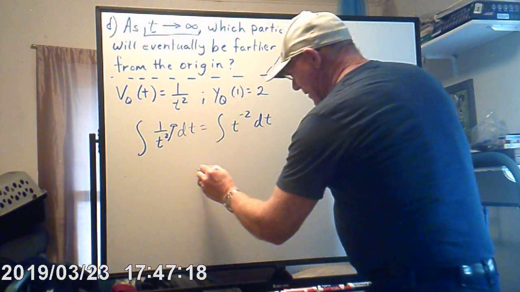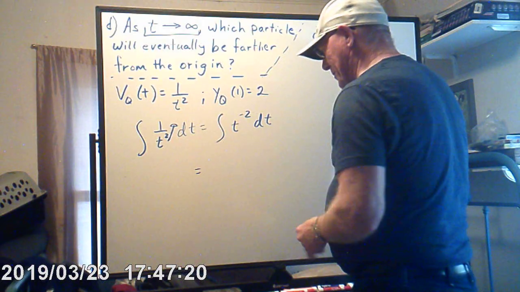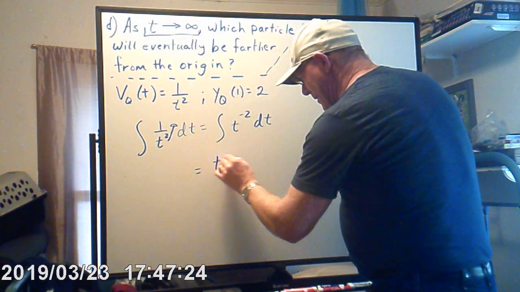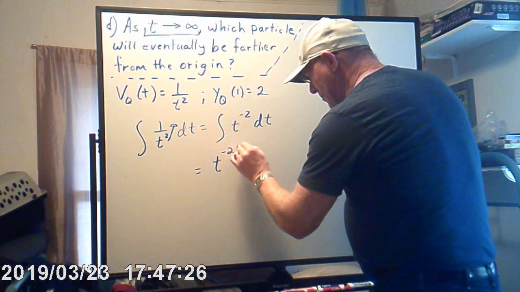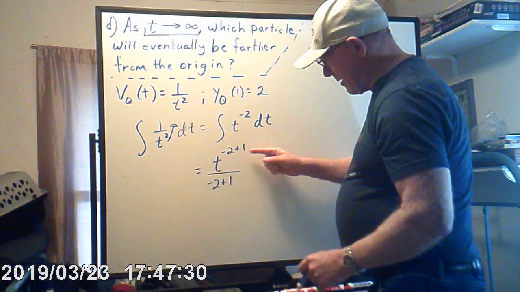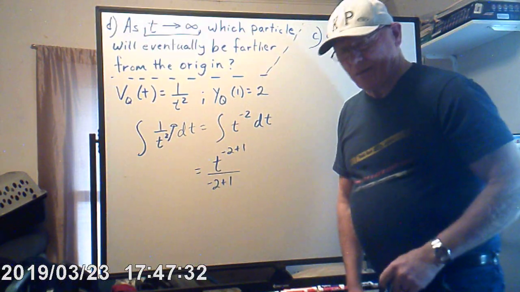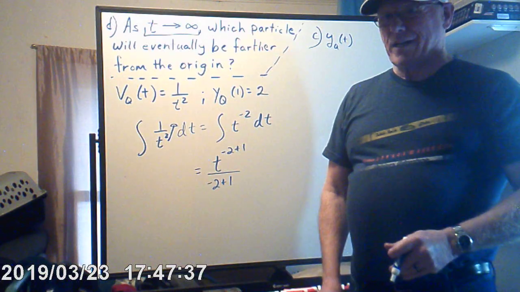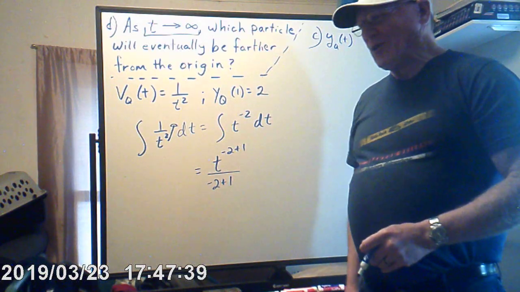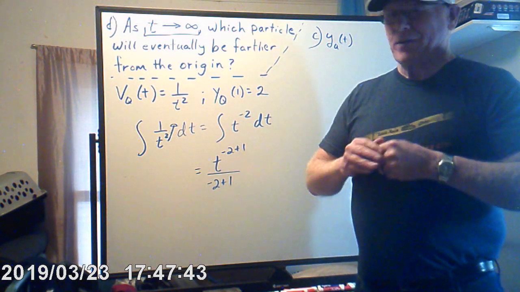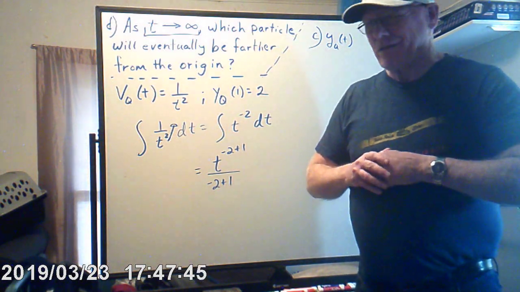Alright, so let's see. This is equal to, now remember, we're going to add 1, so remember this is t to the negative 2 plus 1 over negative 2 plus 1. You remember, you put that in the numerator, you got to put that in the denominator. I know that you're getting close to the test, if you haven't already taken it, which I've been out of school too long to know whether you have.